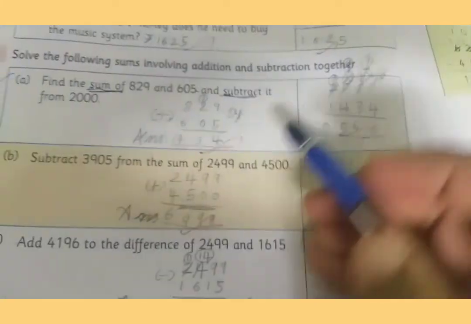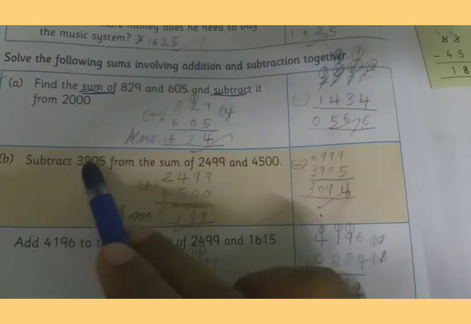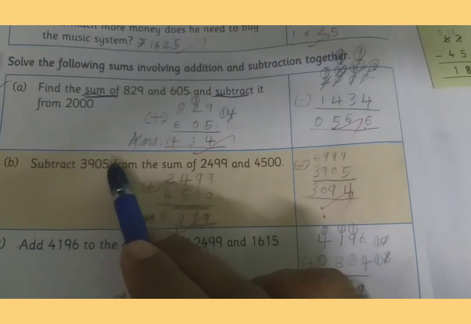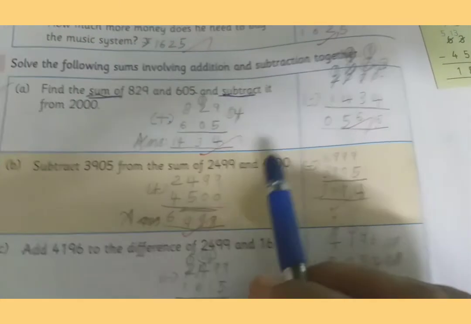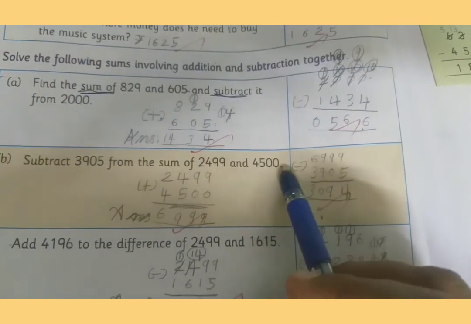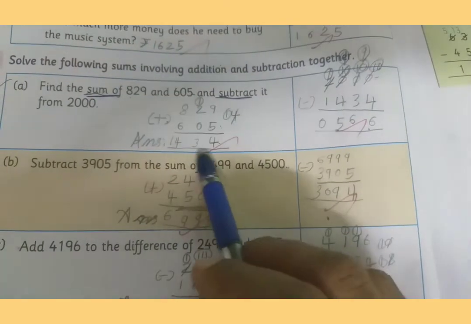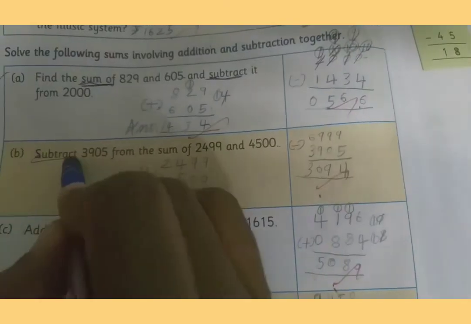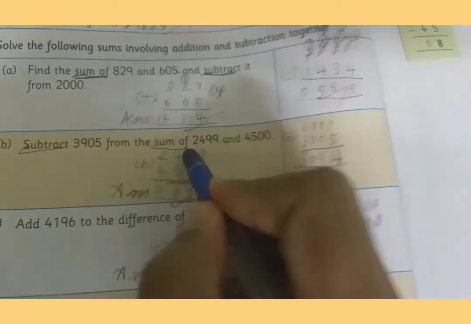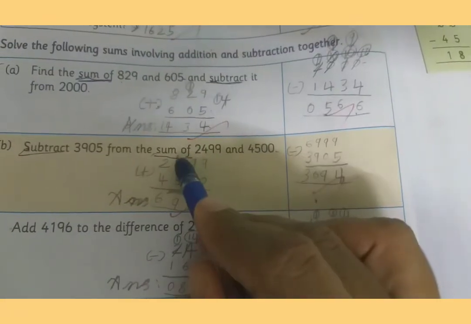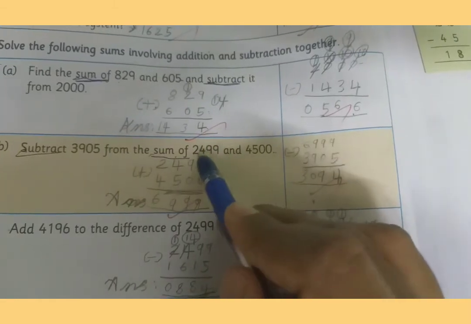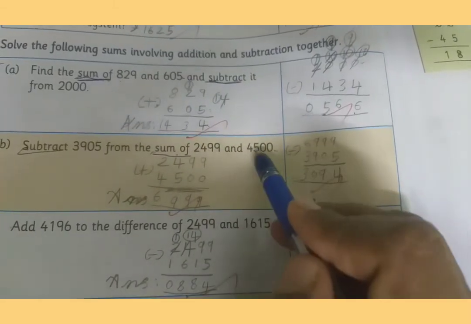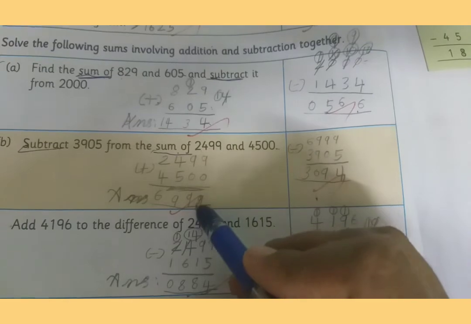Okay. And here again: subtract 3905 from the sum of 2499 and 4500. Only the sum of, you should solve first of all. Sum of means add. So which numbers are added? 2499 and 4500 you should add first of all.